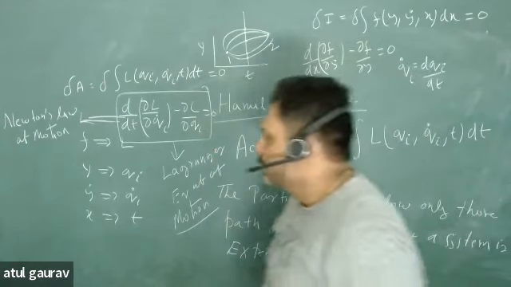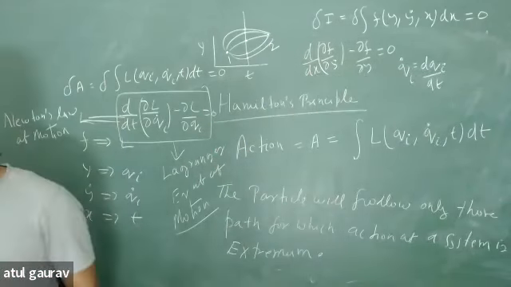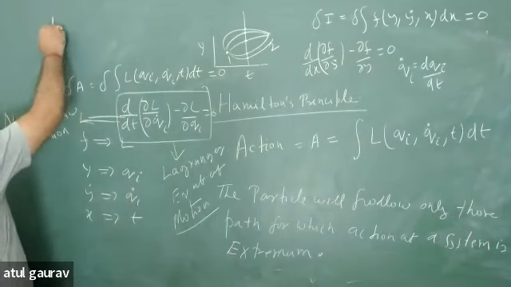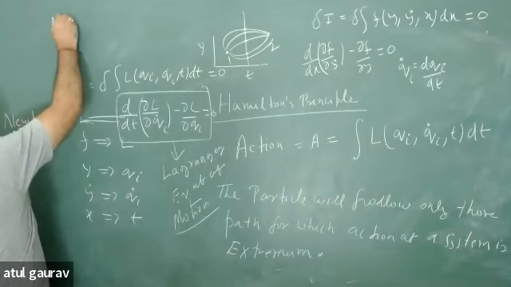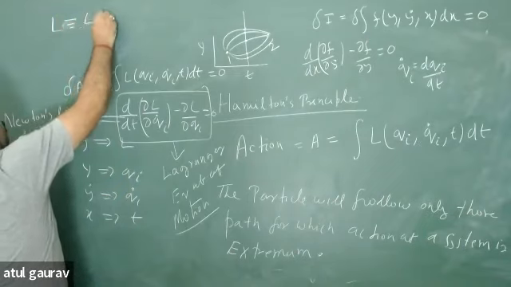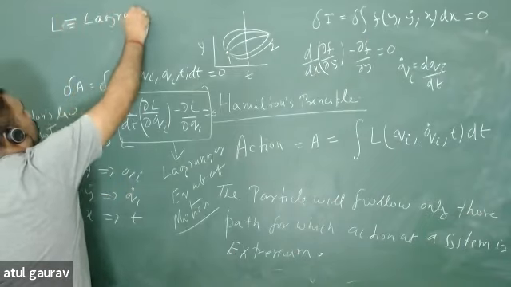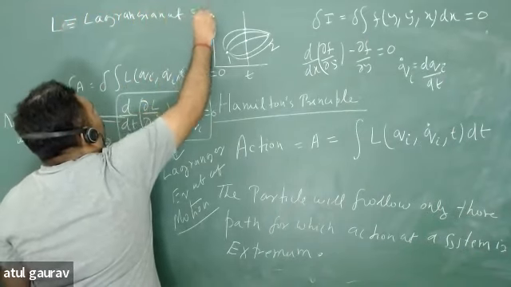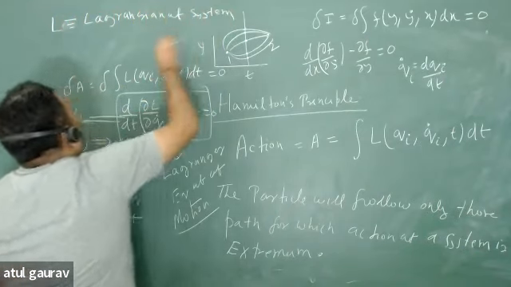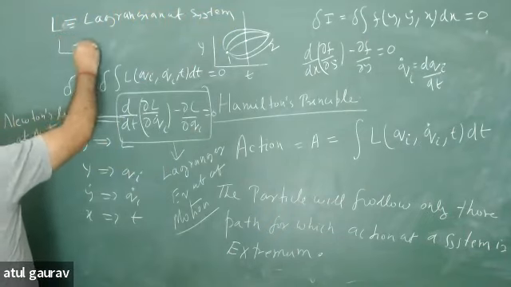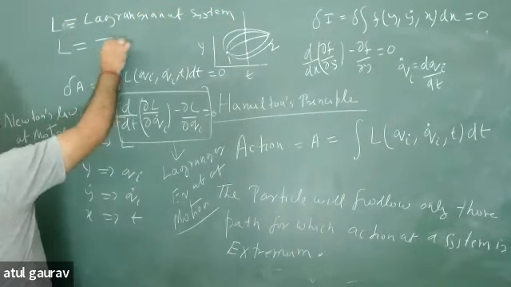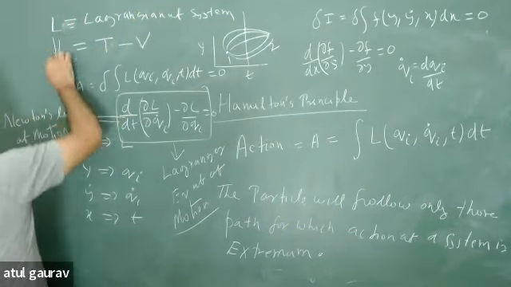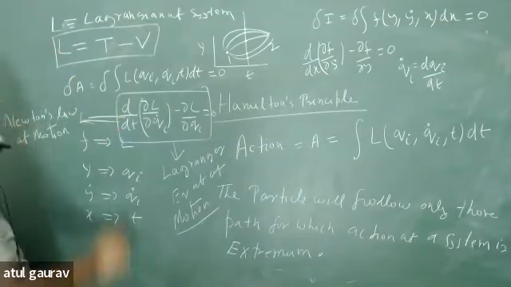Now we recognize this L as the Lagrangian of a system, where L is nothing but kinetic energy minus potential energy.